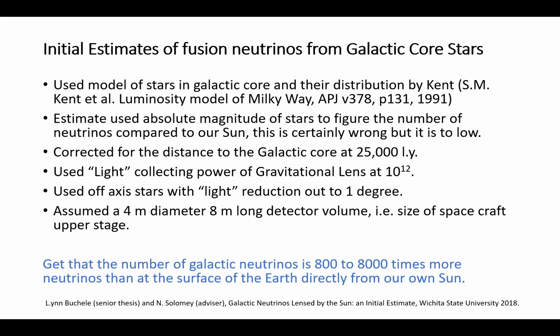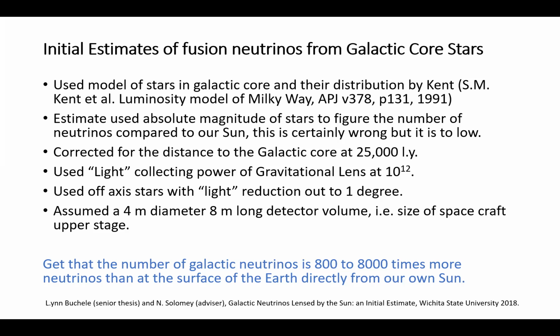Now, of course, this is completely wrong, but it's wrong in that it's always low. Some of the larger stars are going to have larger atmospheres, and a lot of the light won't make it out, but neutrinos will. So the absolute magnitude of the stars was used to determine the amount of neutrinos coming from it. Then we integrated over all the stars there, which, by the way, is a lot of stars, according to the Kent model.